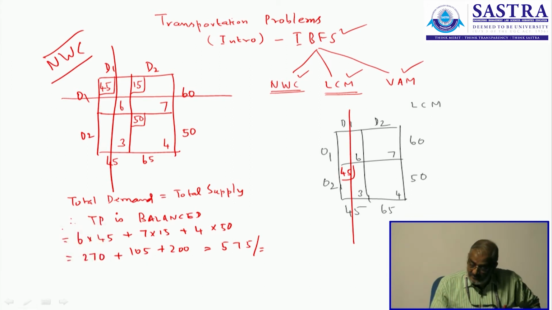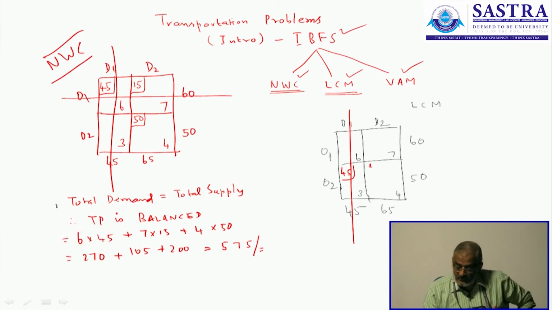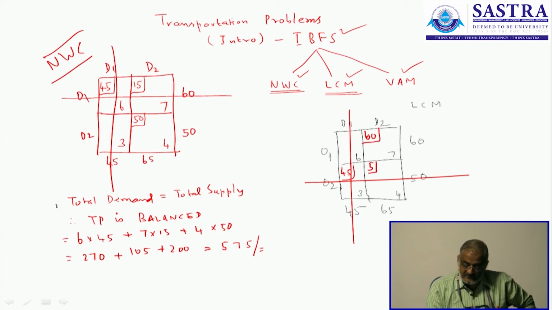So supply the 5 units. Now 45 plus 5, 50, is satisfied, so cross this. The next least cost in this one is 7, where the demand is 65 minus 5, which is 60. 60 is available here, so simply supply the 60 here.